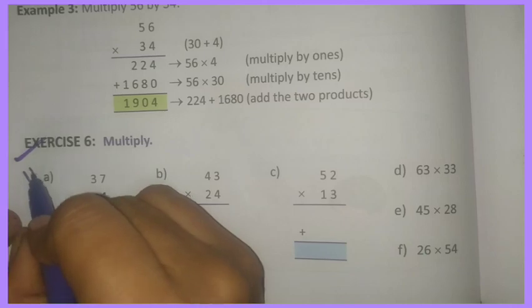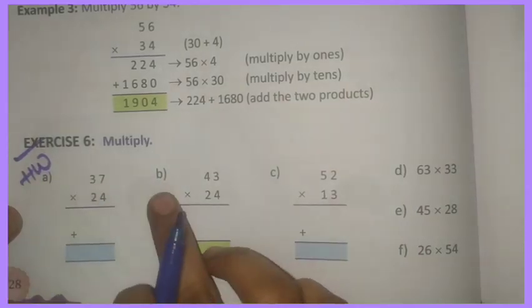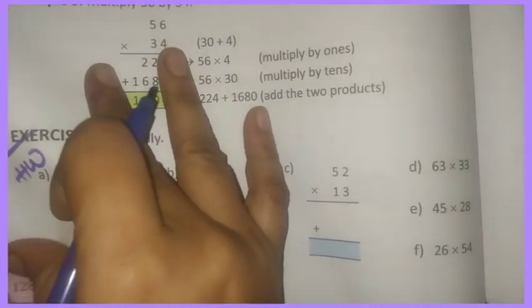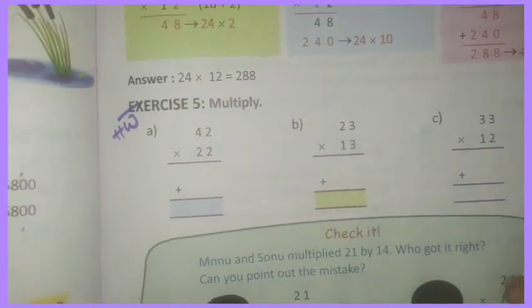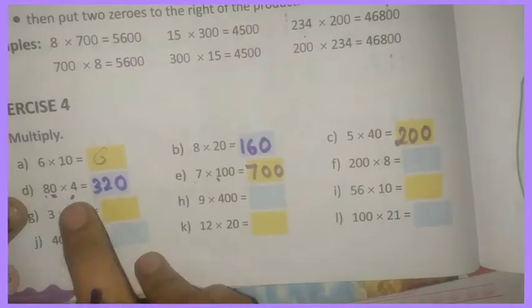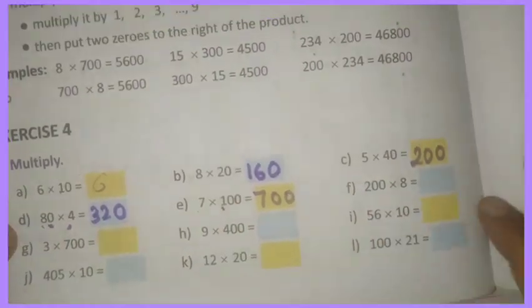This is also your homework. 1 2 3 4 5 6, and here 7 8 9. Do this in the textbook only. Complete this in your fair notes.